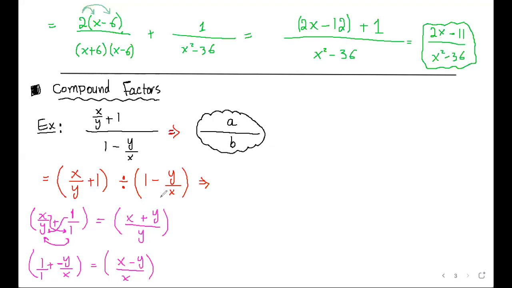Now as we learned before, we have dividing here. What does that mean? I said before, if I see something like a over b divided by c over d, this is equal to a over b, and the dividing means multiplying. We change it to multiply, and we flip this one, d over c. Okay?